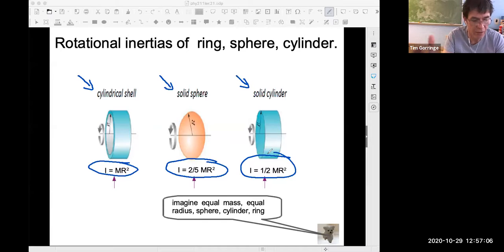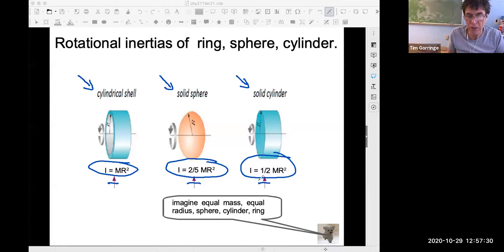In comparing these three moments of inertia, it's worth thinking about, let's imagine that the cookie, the blueberry, and the donut had the same radii and the same masses. So the m's and the r's were the same. Then their rotational inertias would be in proportion to these coefficients: a 1 here, a 2/5 here, and a 1/2 here.